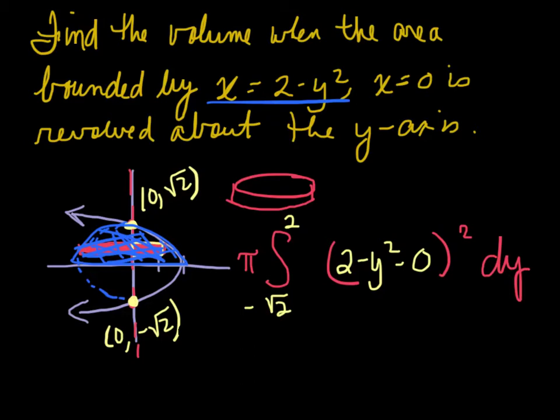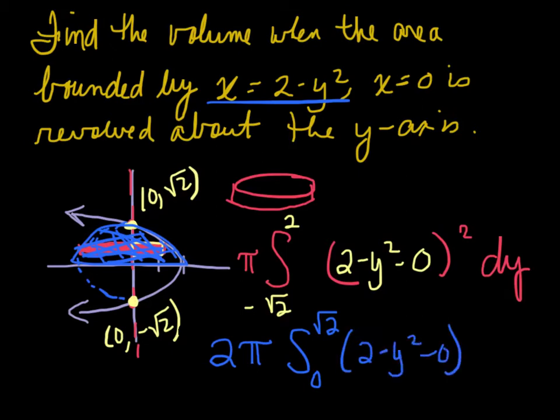So instead of from negative square root of 2 to positive square root of 2, I could do from 0 to the square root of 2 and then just double that and still keep my same radius, and it's still a dy problem. So that's a little quicker if you have to actually integrate, because it's much easier to substitute in 0 than negative square root of 2.